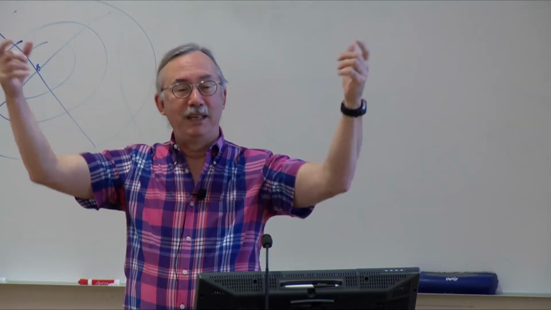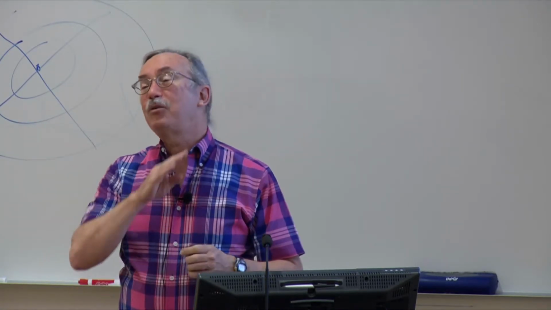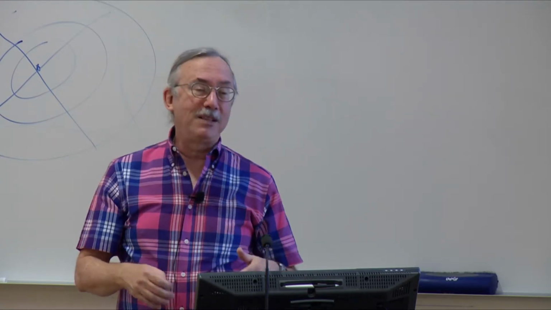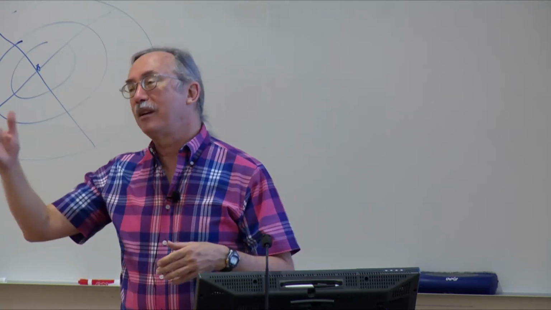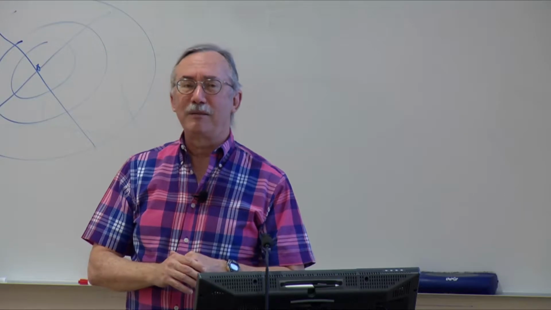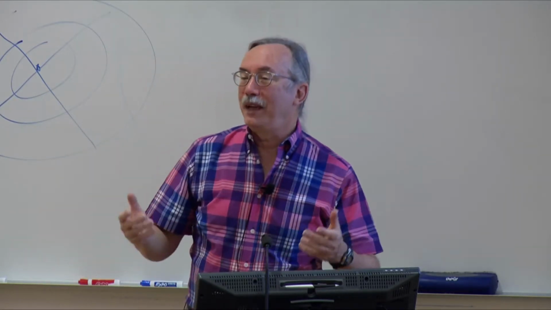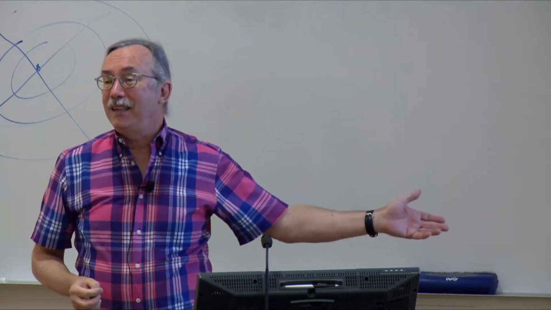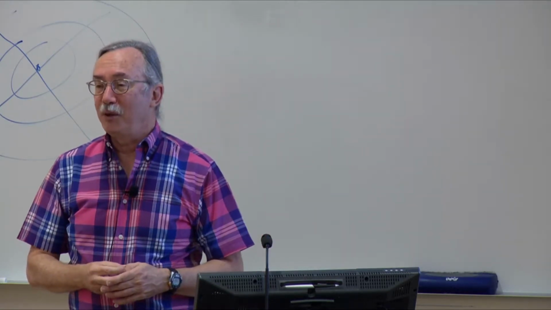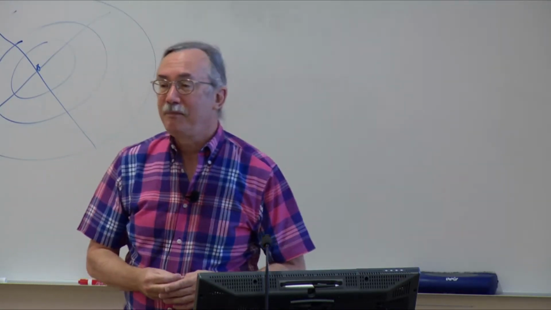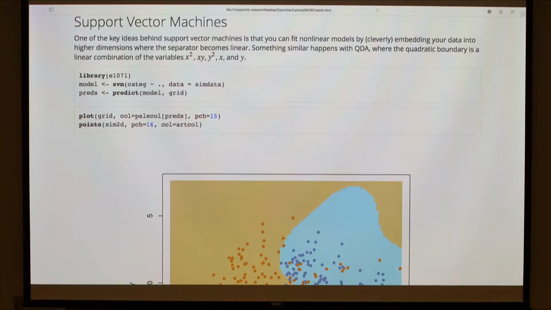It picks some degree and embeds your data into a bigger space. And then it draws lines in that space, which corresponds either to quadratic curves or cubic curves or quartic curves or quintic curves. How many of those can I remember? I don't know. In any event, that's the underlying idea here in support vector machines, although it's buried in most of the descriptions.